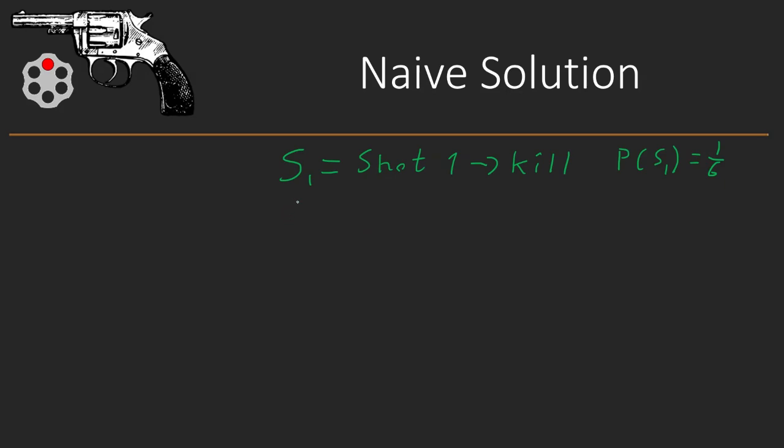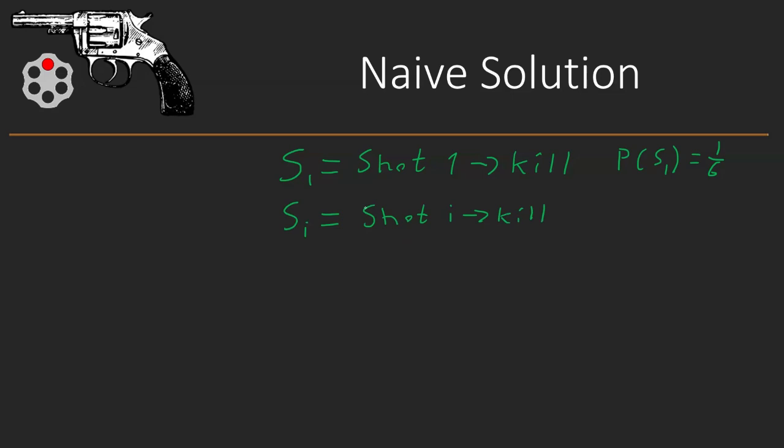And we can expand this generally to the events Si, defined for all positive integers i, which is the event that at shot number i, there was a kill. If i is an odd number, that means that duelist A has died. And if i is an even number, then duelist B must have died.